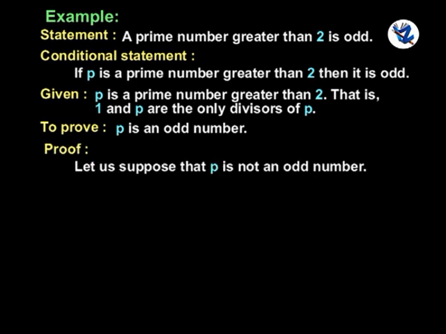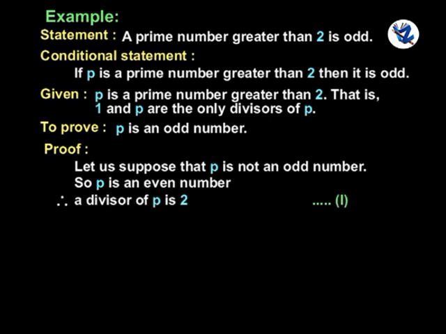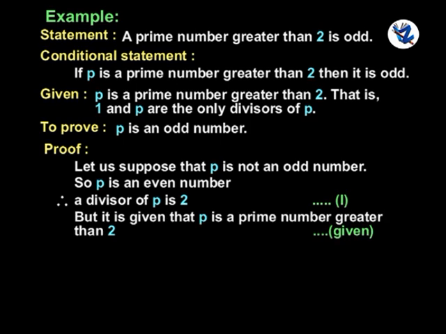Proof. Let us suppose that P is not an odd number. So, P is an even number. Therefore, a divisor of P is 2. Statement 1. But it is given that P is a prime number greater than 2.